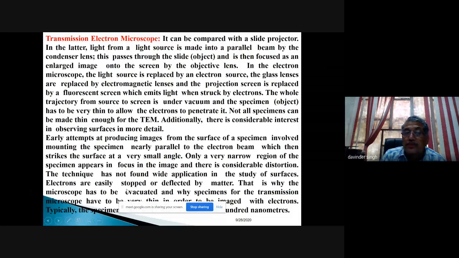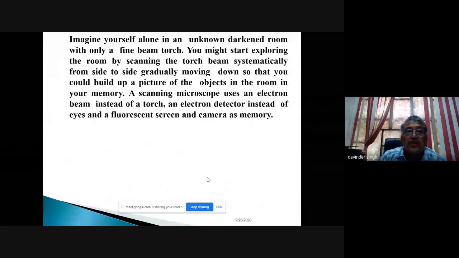Electrons are easily stopped or deflected by matter. That is why the microscope has to be evacuated, and why specimens for the transmission microscope have to be prepared properly. To observe the specimen, the thickness should be a few hundred nanometers only.